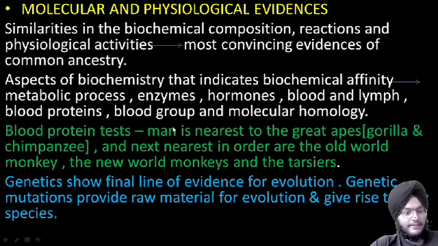The blood protein tests have helped us find out that man is nearest to the great apes, that is, the gorillas and chimpanzee, and next nearest in order are the old world monkeys, the new world monkeys, and the tarsiers. Genetics shows the final line of evidence for evolution. Genetic mutations provide raw material for evolution and give rise to new species. So, these are the evidences which have helped to find out that evolution has happened.